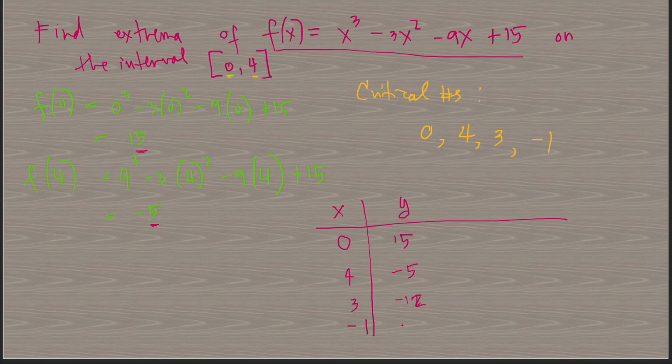And when we solved last time for the ordinate of -1, we arrived at 20. You may review our previous video. So where is the minimum and where is the maximum?